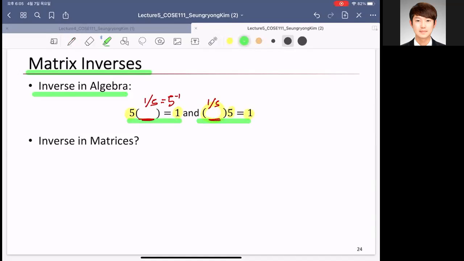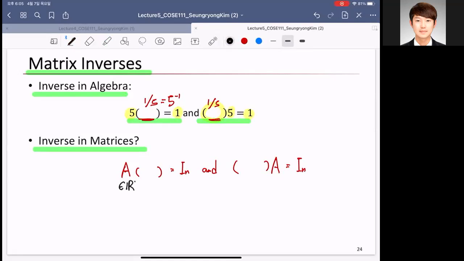Then, what is the inverse in matrix? Similarly, we have an arbitrary matrix A, and we want to find another matrix that makes this matrix A an identity matrix, and this matrix can make an arbitrary matrix times A an identity matrix again if matrix A is in R n by n space.